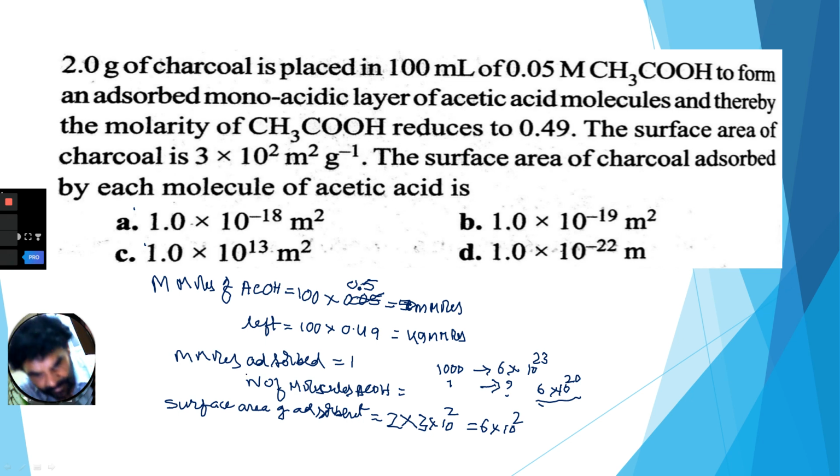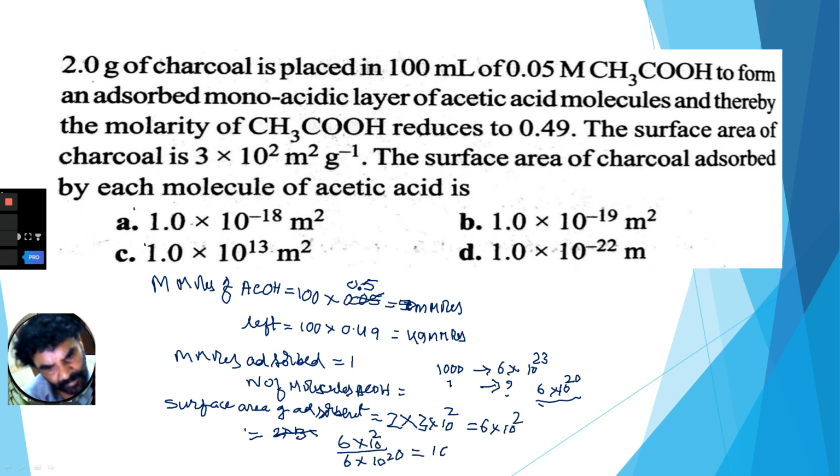And the area covered by each molecule is the total surface area divided by the total number of molecules. 6 into 10 to the power of 20 molecules are adsorbed.